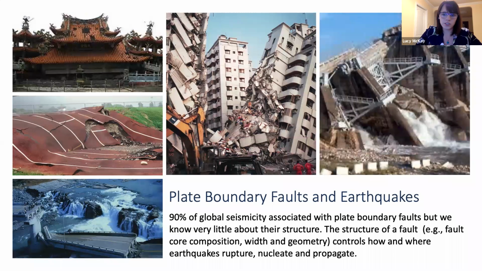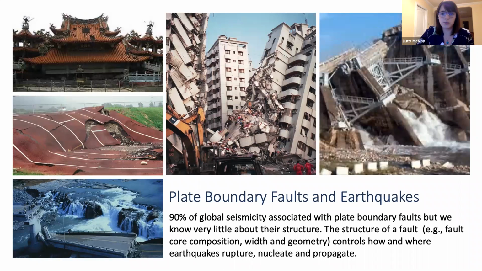So as you can see here, the damage ranges from burst dams to collapsed buildings, to bent running tracks and fallen temples. The northern end of the plate boundary fault saw the highest displacement and slip rates, and consequently the greatest surface damage, whereas the southern end of the fault saw smaller displacement and minimal damage.